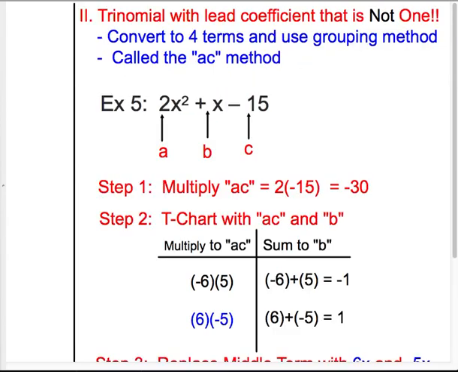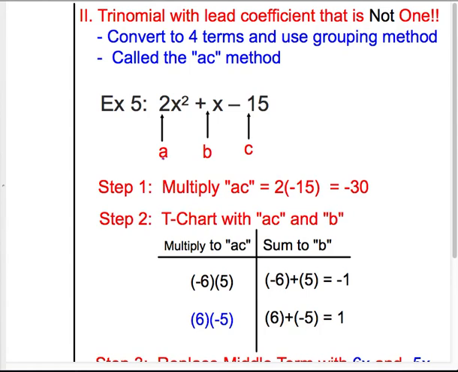All right, so the next factoring method is the AC method. This is where the coefficient of your x squared term is not equal to 1. What we have to do here is convert it to a quadnomial with 4 terms and use the factoring by grouping method. It's called the A times C method because our first step is to multiply our A times C. So we have that written out here.